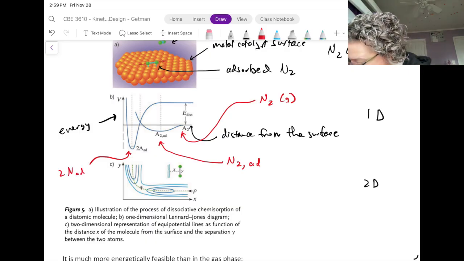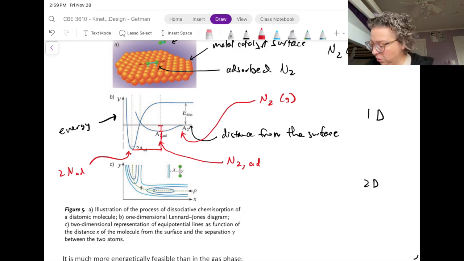So this right here is going to be the energy associated with adsorption, and this right here is going to be the energy associated with surface dissociation, or dissociation of N2 on the surface. One more thing.